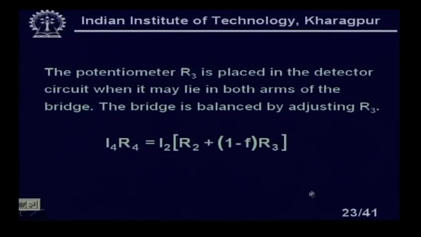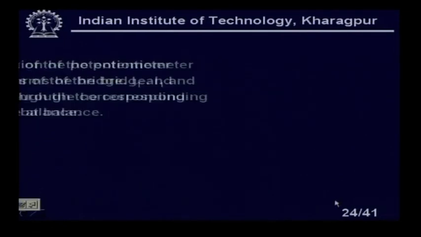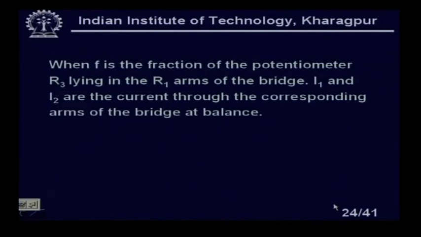This is the first bridge balance equation. On the other side, I4 RT equals I2 into (R1 plus F R3), where F is the fraction of the potentiometer R3 lying in the R1 arm of the bridge.